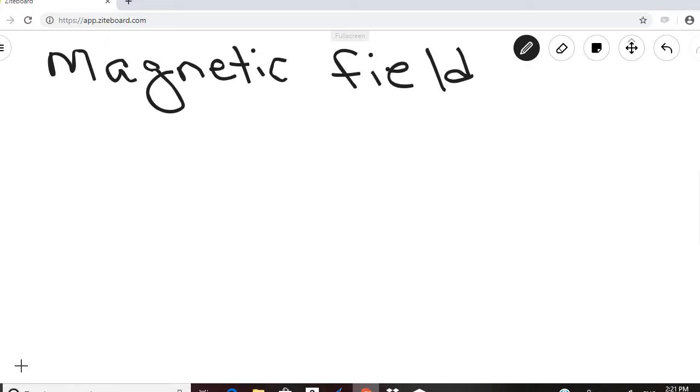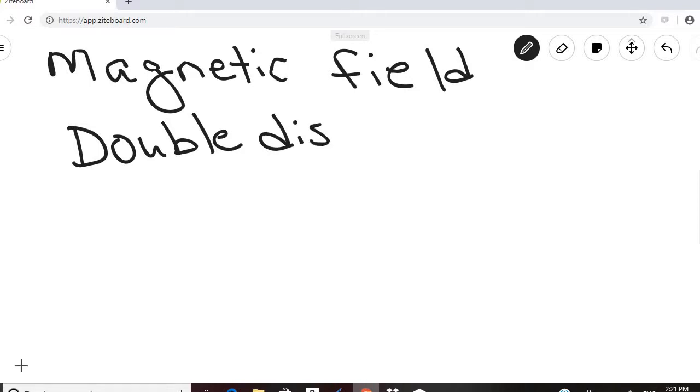So if you double the distance between the poles, then you are going to decrease the strength of the magnetic field by a factor of 4.